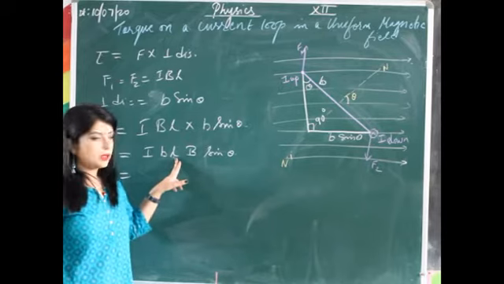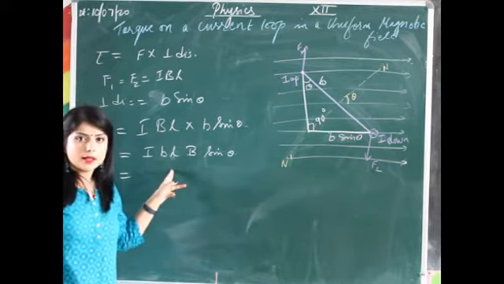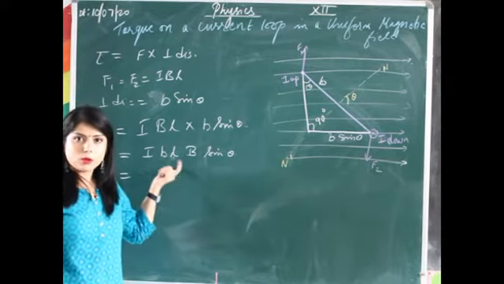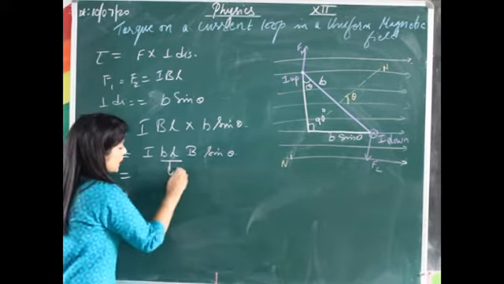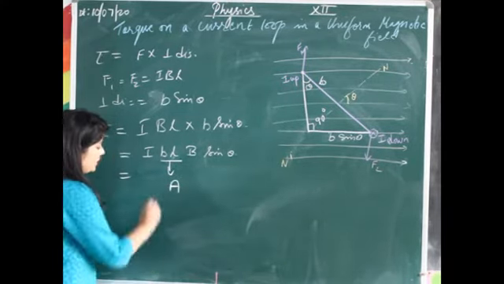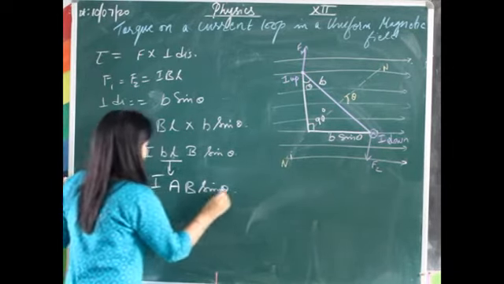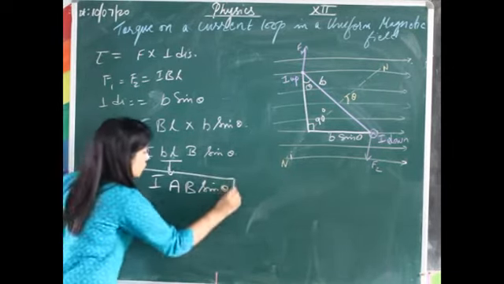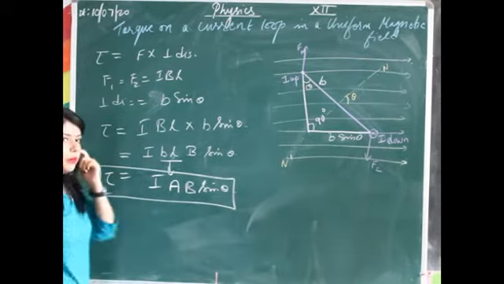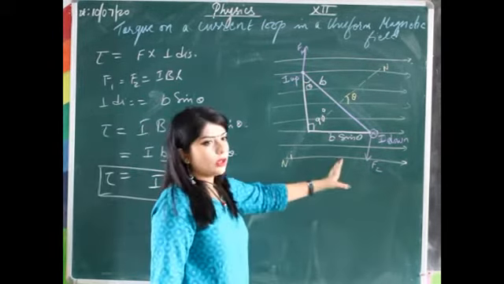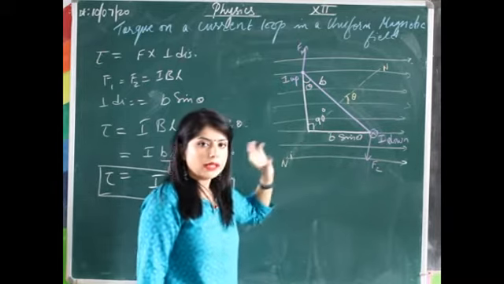L is the length and b is the side. If you multiply length and side, we get area. So it is IAB sine theta. This will be the amount of torque when a rectangular loop is kept in a uniform magnetic field.